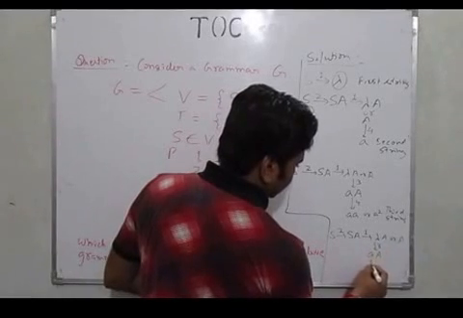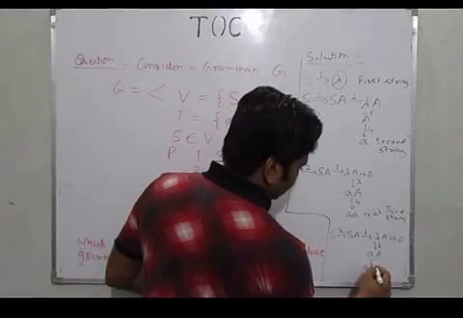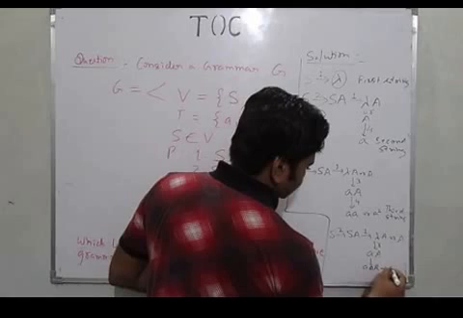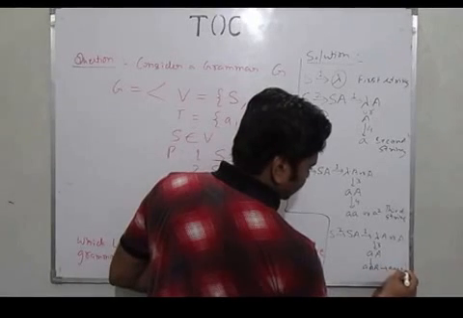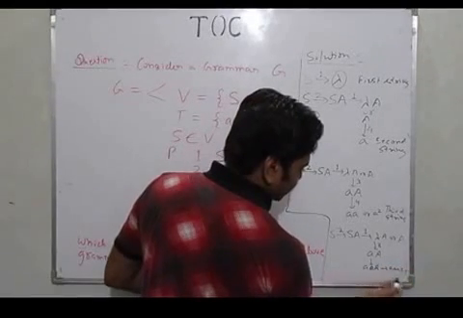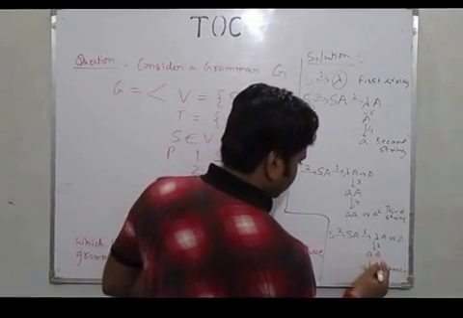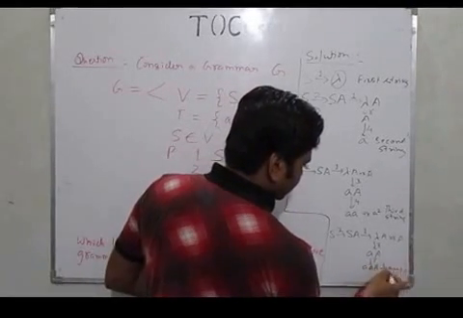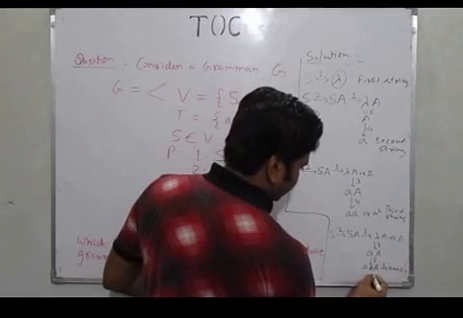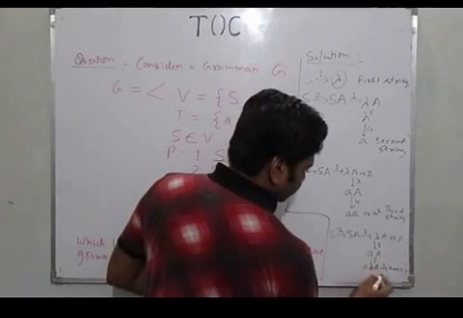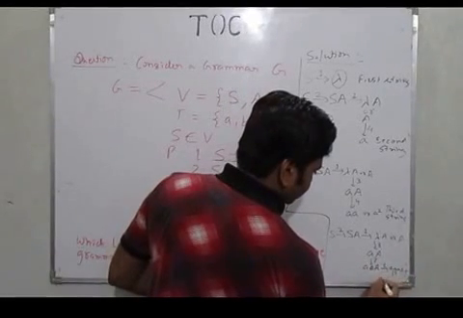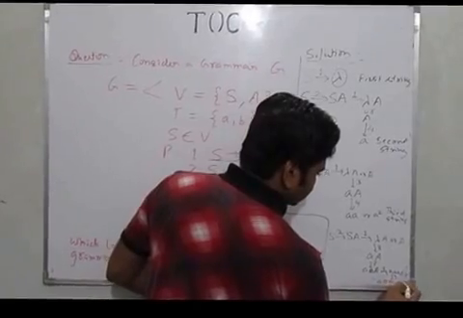Fine, you can understand that. And finally you can end this with production number 4, we can terminate this with production number 4, so we would obtain a's in general.